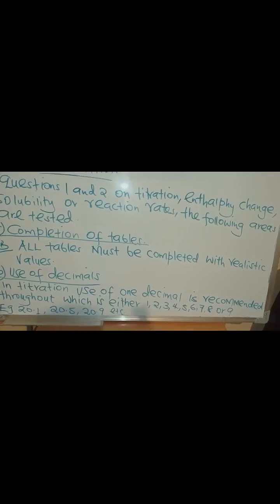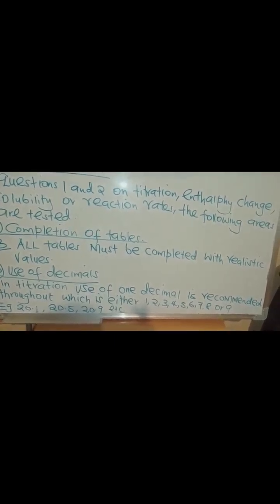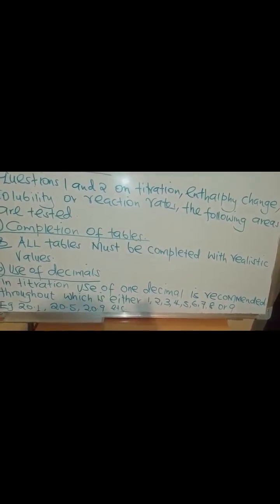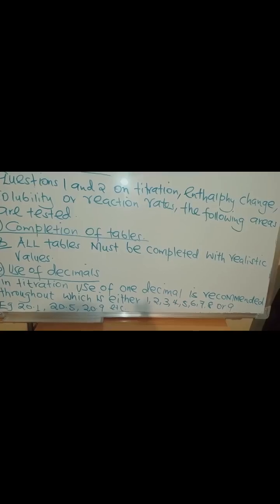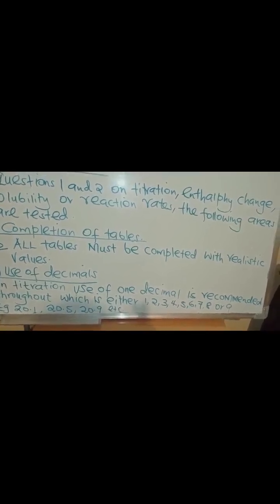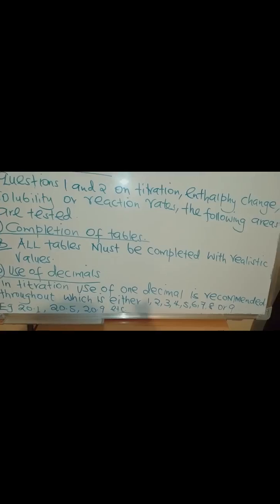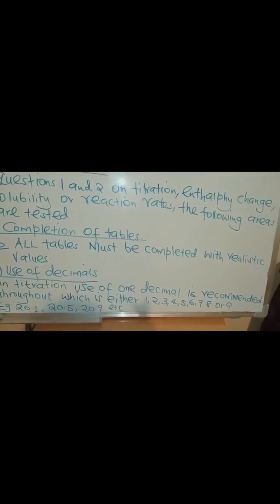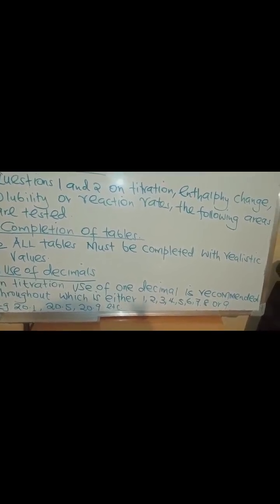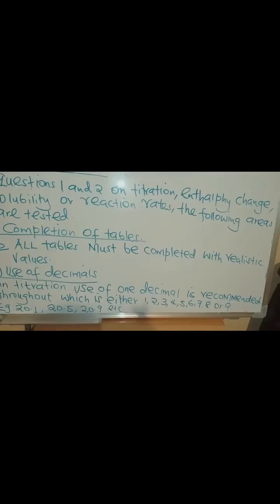If you're filling a table on titration, then you should not have a value like 50.1. Where did you get the 0.1 from? So realistic values are only those values that are within whatever apparatus you're using.